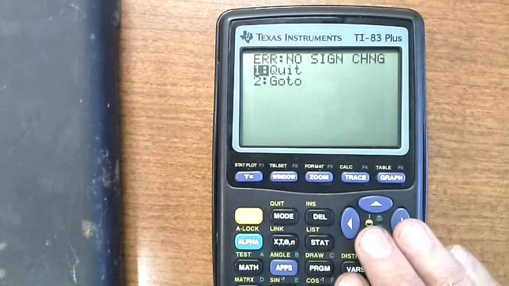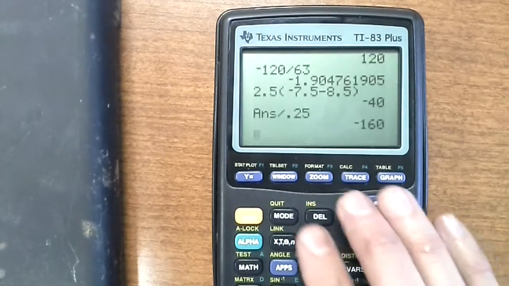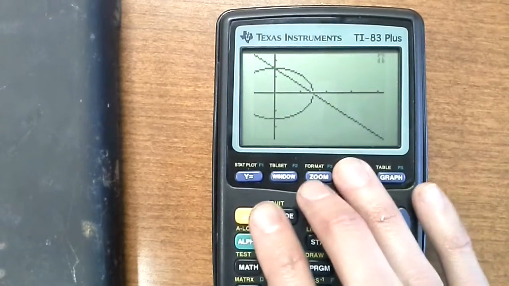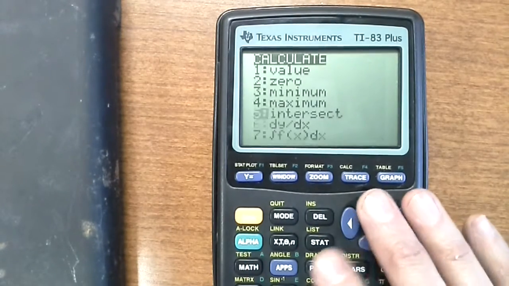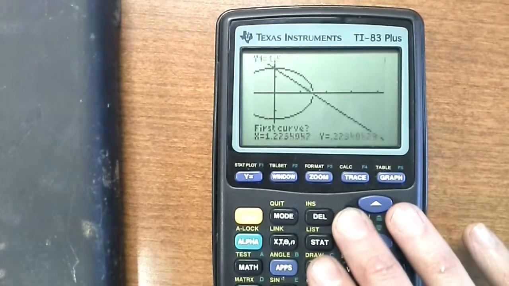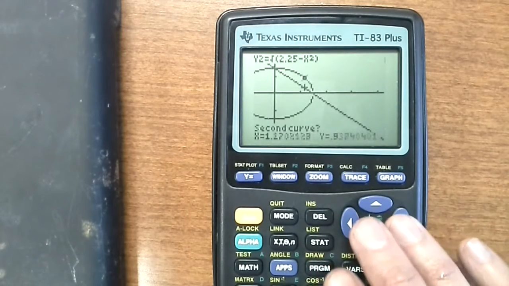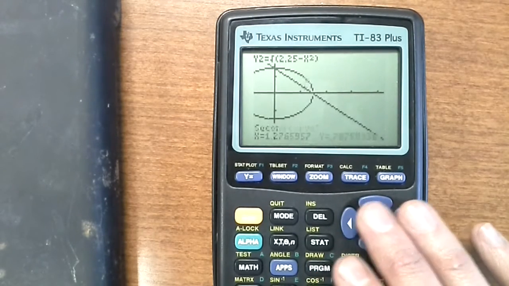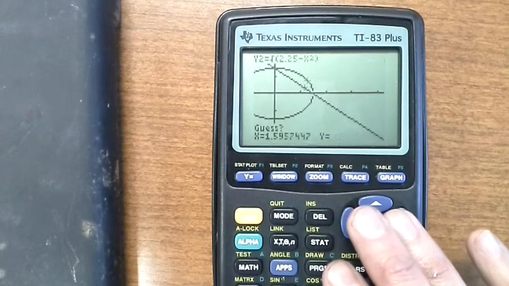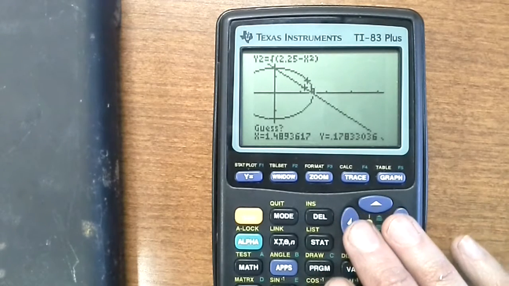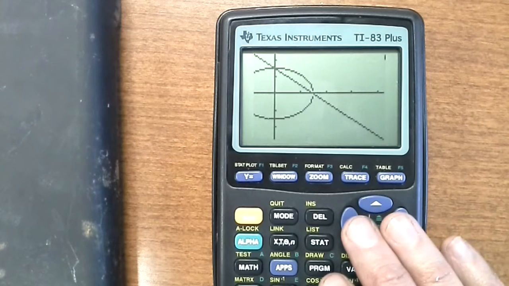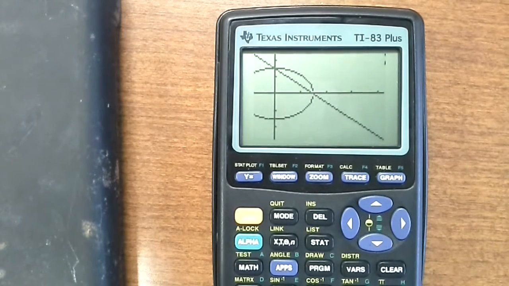No sign change, okay, so quit. Graph, and then we'll try it the other way. So intersection with the straight line, and let's do the top curve this time. I guess it's somewhere over here. Okay, and on this one we get, oh, that's the same one that we had a minute ago.